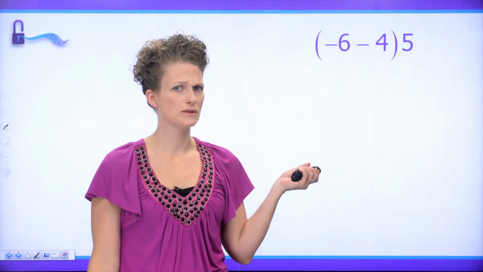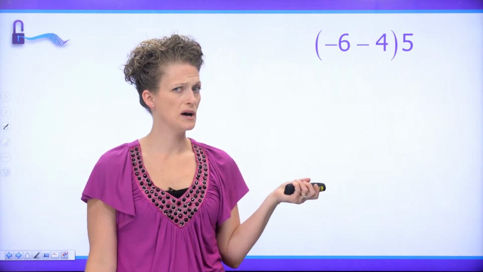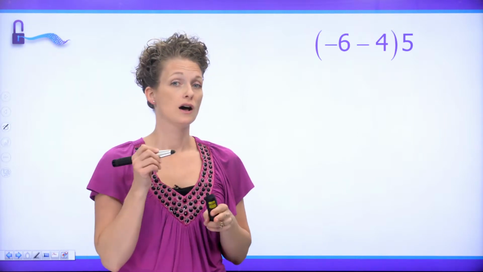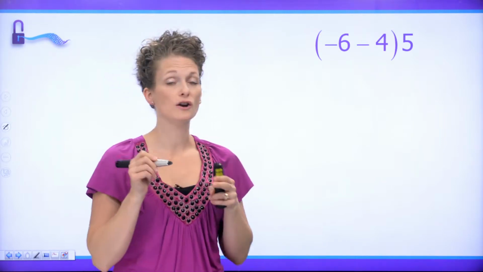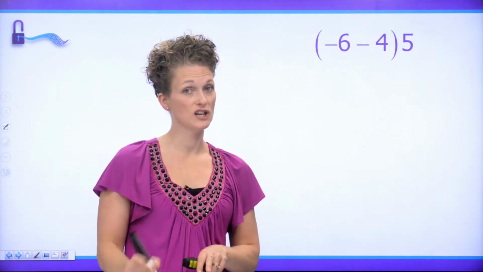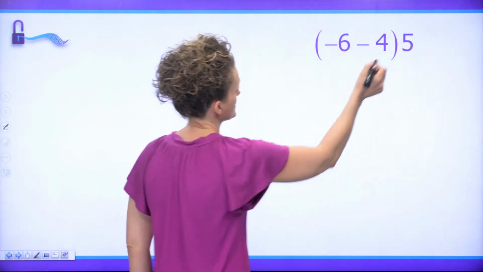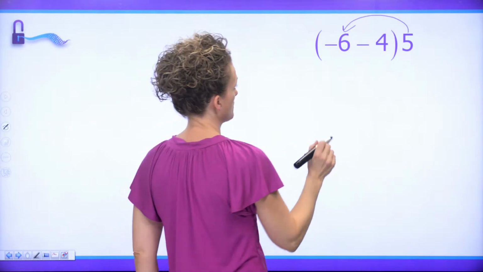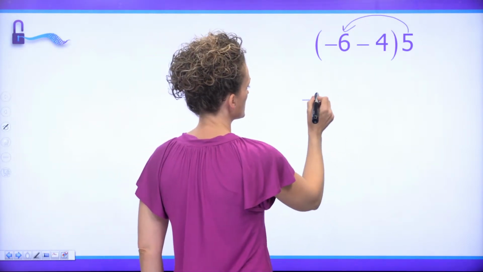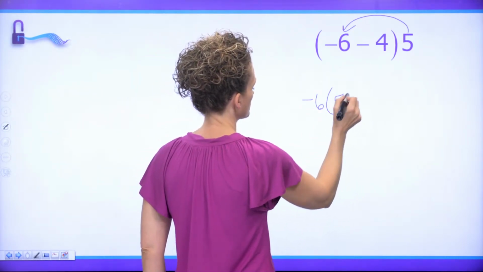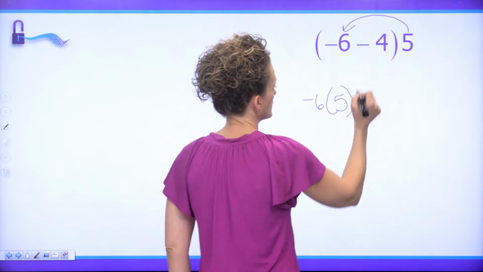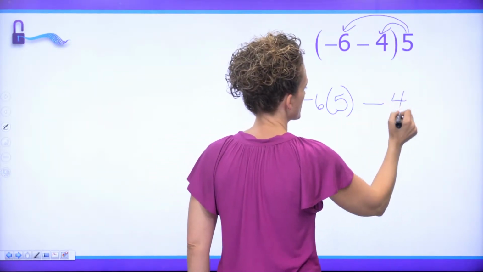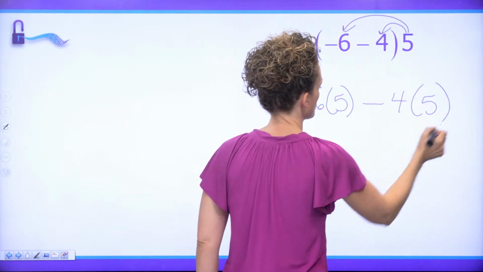Well, how about this one? This 5 is in a weird spot. Does that matter? No, because if you remember our associative property of multiplication, it says that we can multiply in any order and it doesn't matter. So -6 times 5 minus 4 times 5.